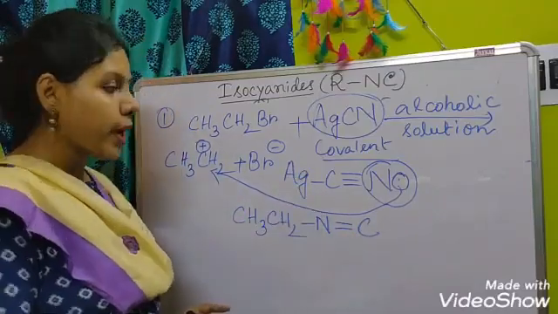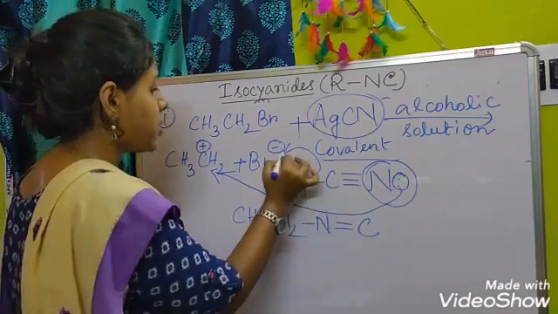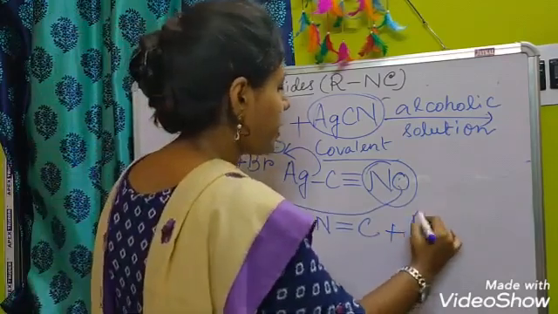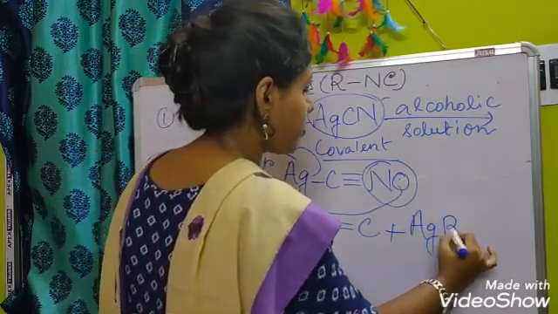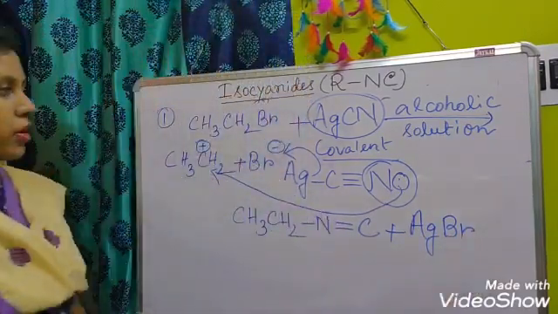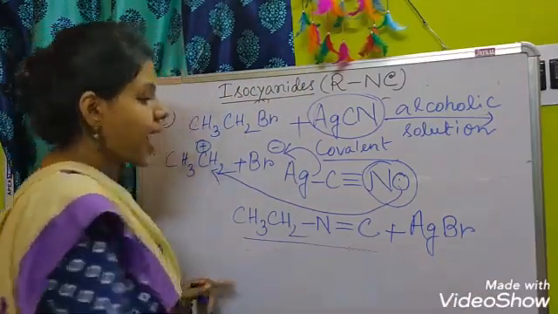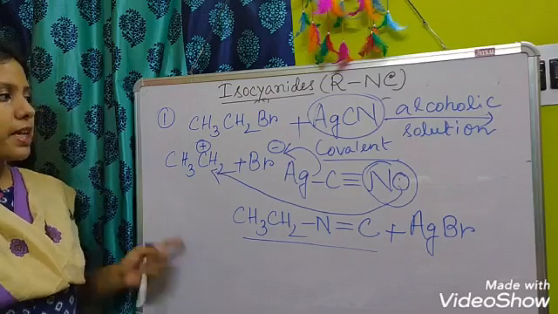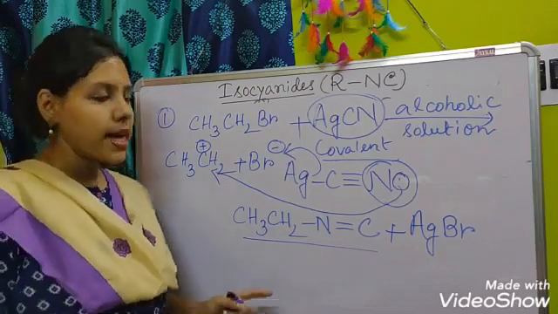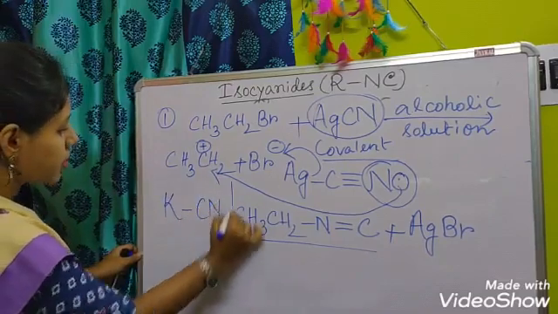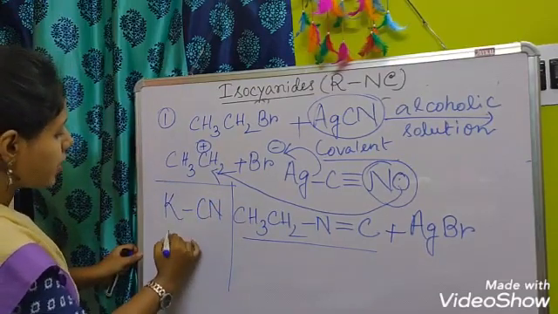Now this bond will be broken and this silver will be added to the bromine by forming silver bromide. Okay, so for this reason we will get this isocyanide here, but in case of the cyanides, there we were using KCN or NaCN.